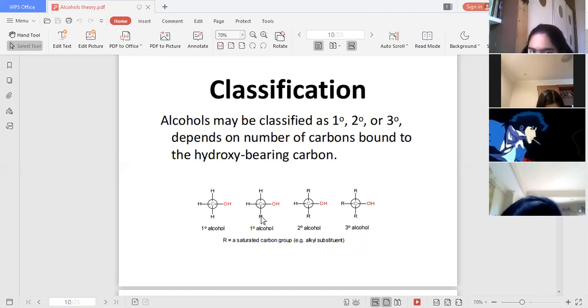If only one alkyl group is attached, it is called primary. If there are two alkyl groups attached to the C-OH, it is secondary. And if there are three alkyl groups, it is called a tertiary alcohol.